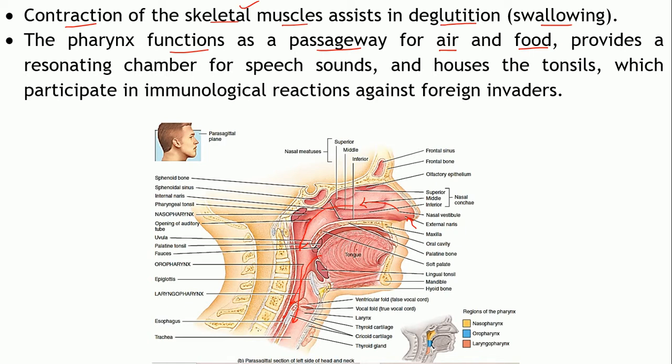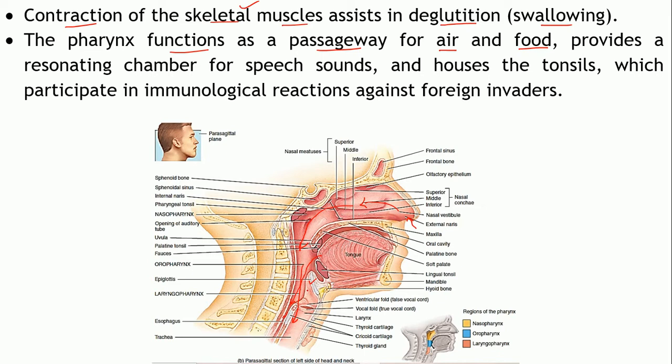Now why do you think the food which you eat doesn't enter the larynx? Why that's happening is because of the arrangement of the epiglottis. It closes off this opening of the larynx, so that the food which you swallow should not go into the larynx, but it should go into the esophagus.